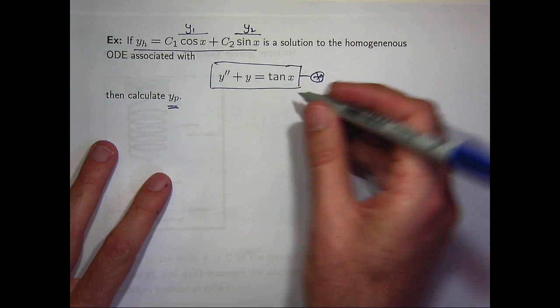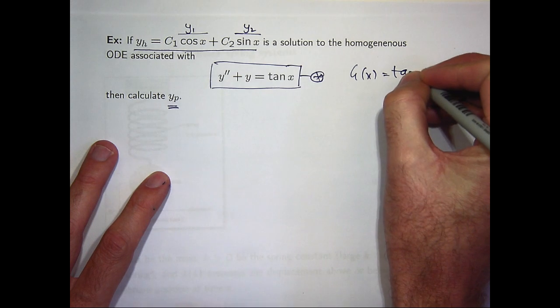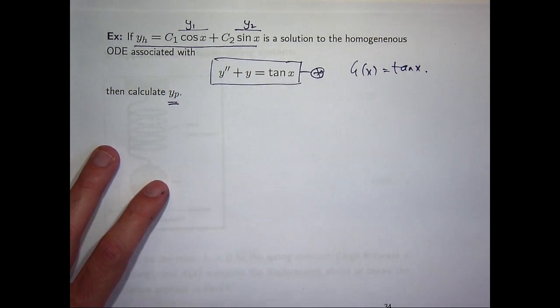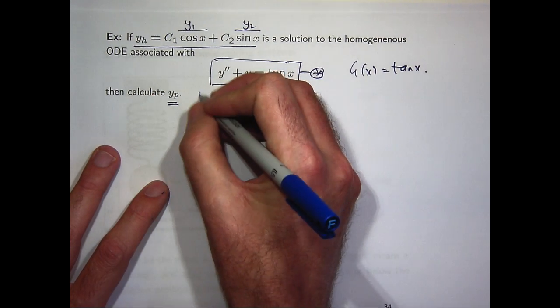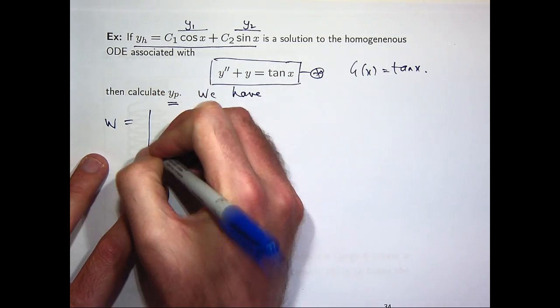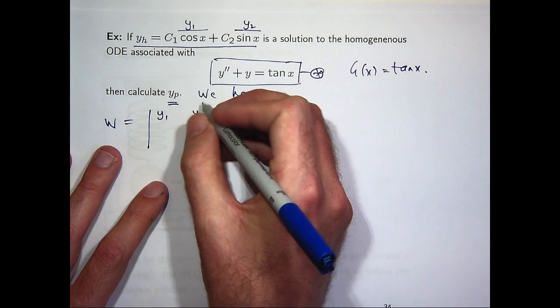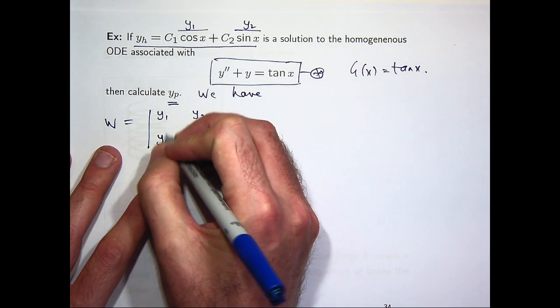All right, so you can think of g of x as your tan x. So the Wronskian is just the following. It's the determinant of this matrix.